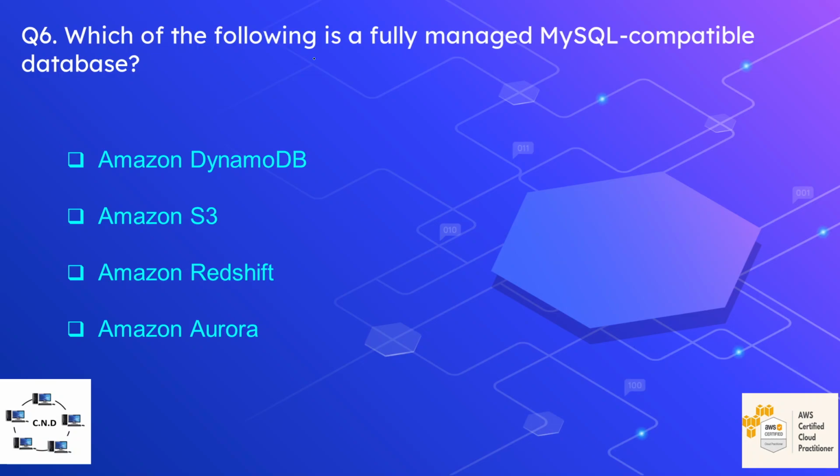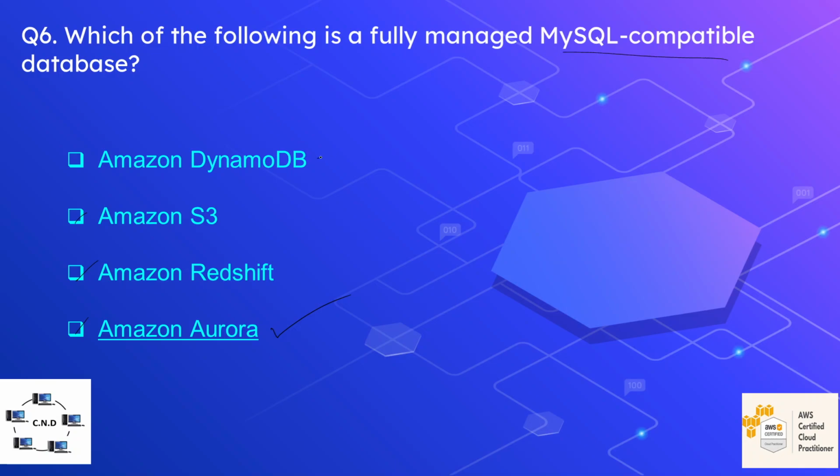Question number 6 is: which of the following is a fully managed MySQL compatible database? The options are option A, Amazon DynamoDB; option B, Amazon S3; option C, Amazon Redshift; and option D, Amazon Aurora. The correct option is Amazon Aurora, the fully managed MySQL compatible database.